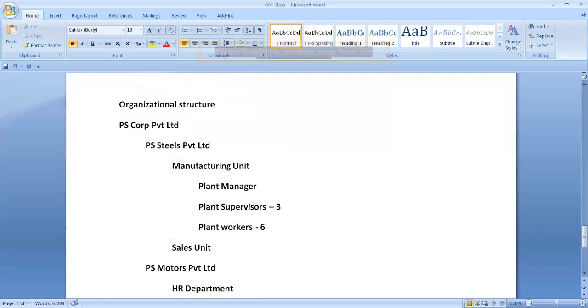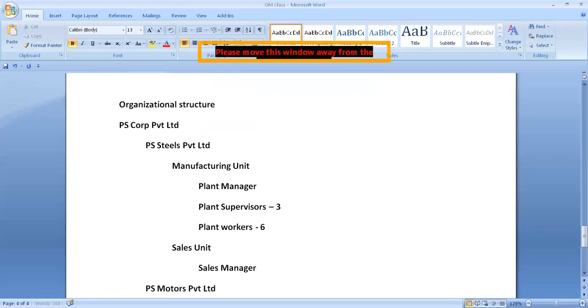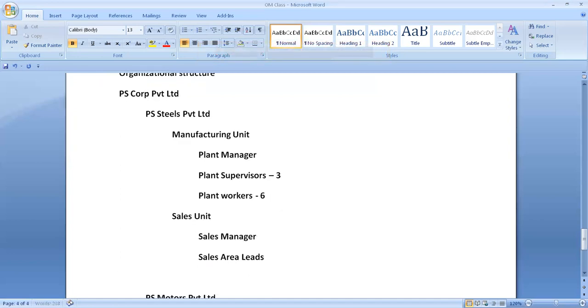Under the sales unit, you can similarly have a sales manager, one sales manager, some sales area leads, and some sales executives.